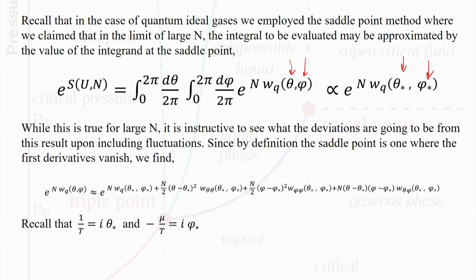But here too, this makes no sense at all if this W doesn't have a feature which is known as a saddle point. It so happens that it's only when this W goes through a saddle point that you can do this. I'm not going to go through the technical details.